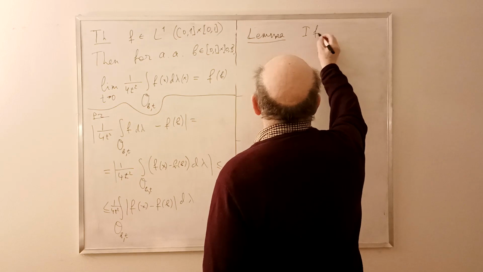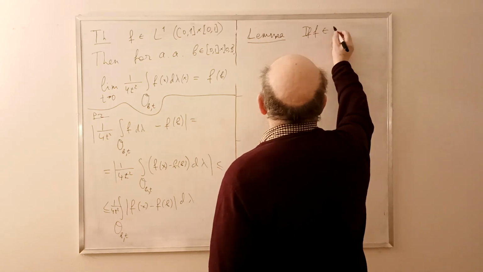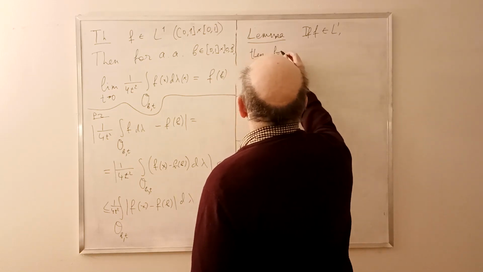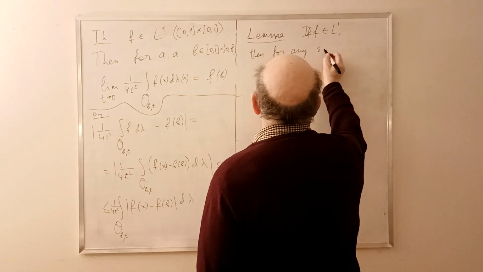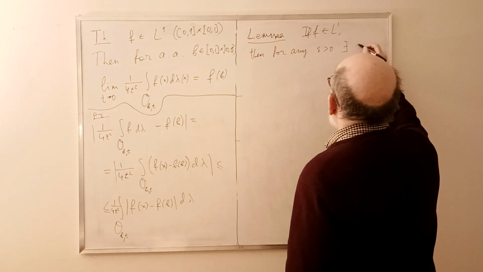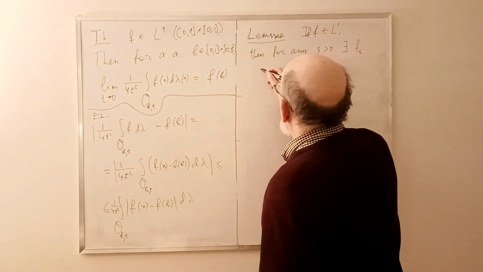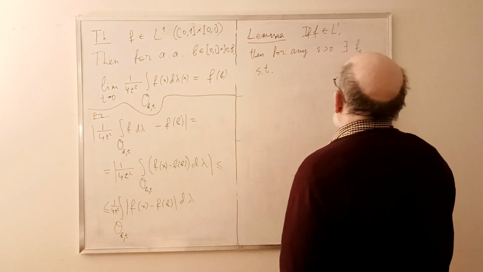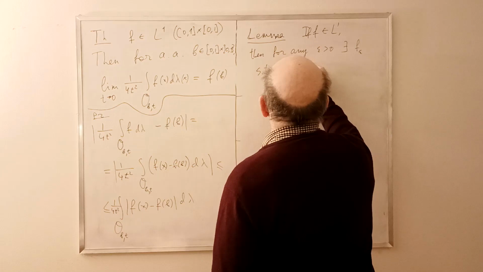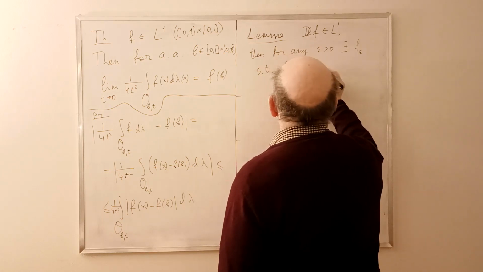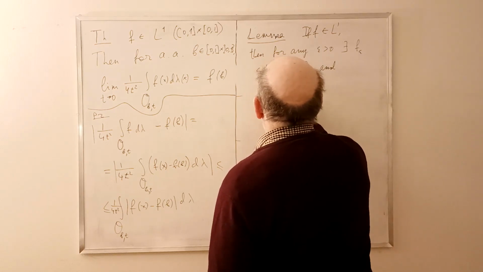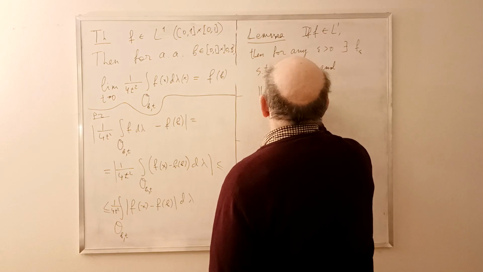If F is in L1, then for any epsilon there exists a function F epsilon such that F epsilon is a continuous function and the norm of F epsilon minus F in L1 is less than epsilon.